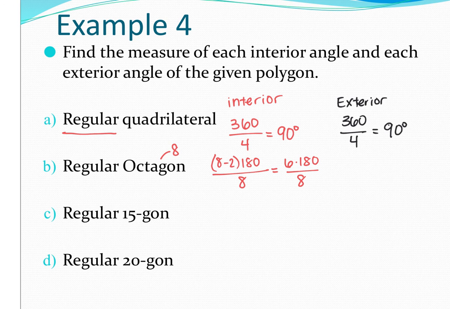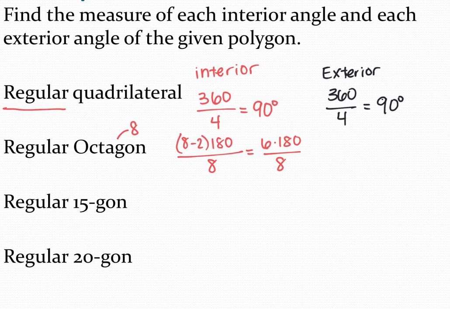I wouldn't do 6 times 180 yet. I would start to cancel stuff out. So 6 cancels with 8, right? Yeah. What's a common factor? 2. So this becomes a 3, and the 8 becomes a 4. Does 4 go into 180?